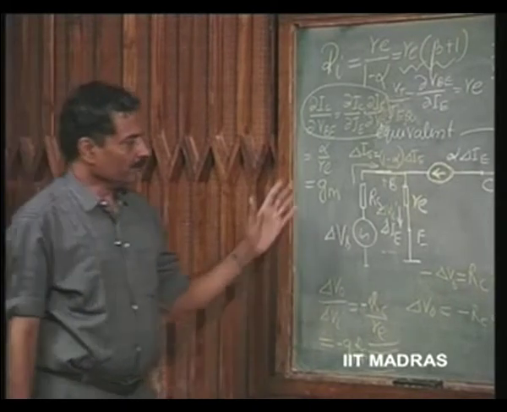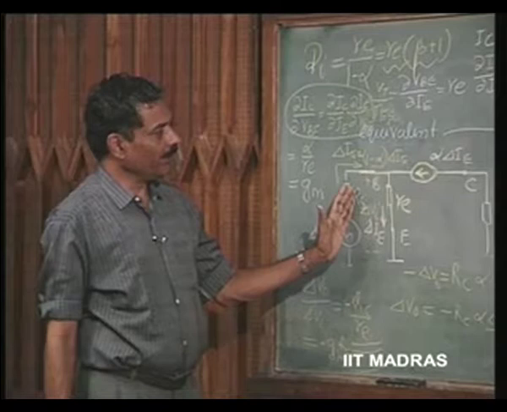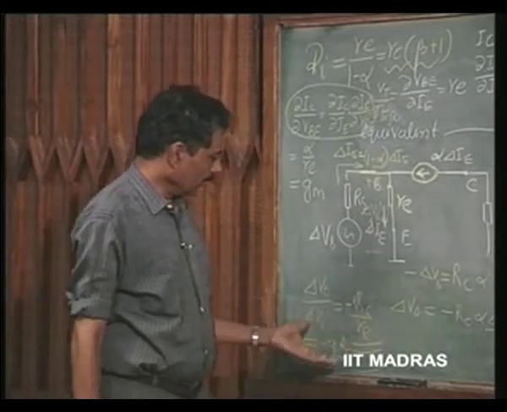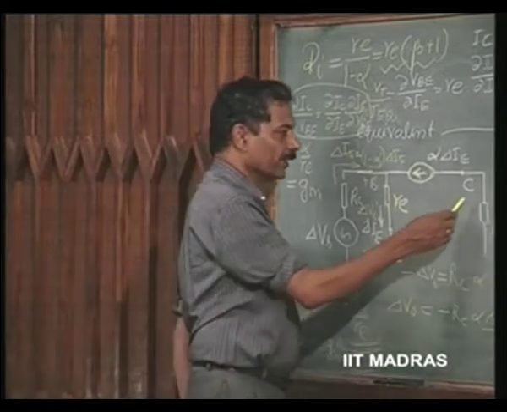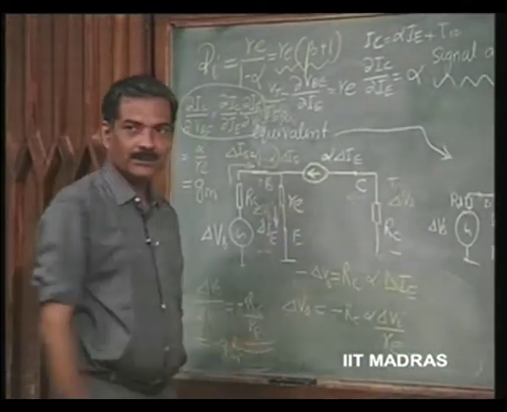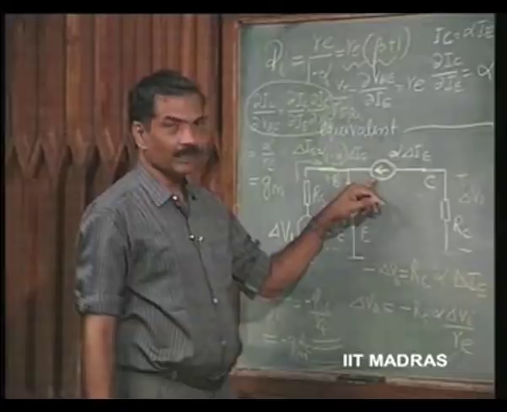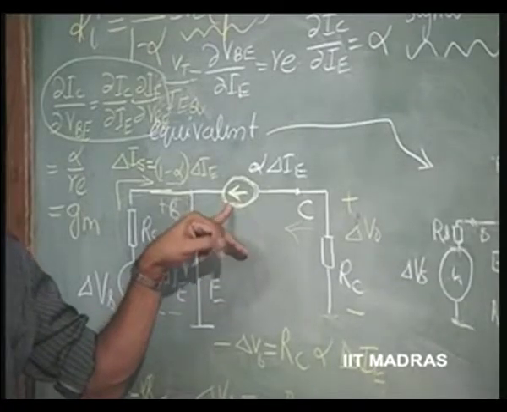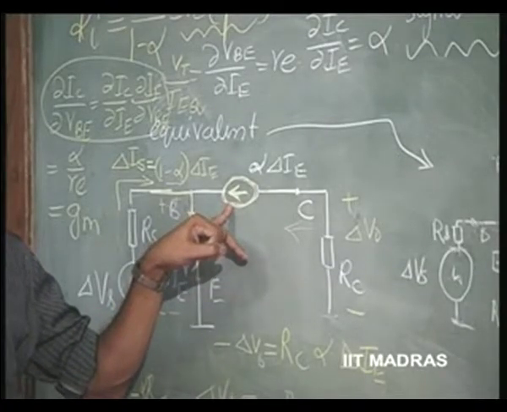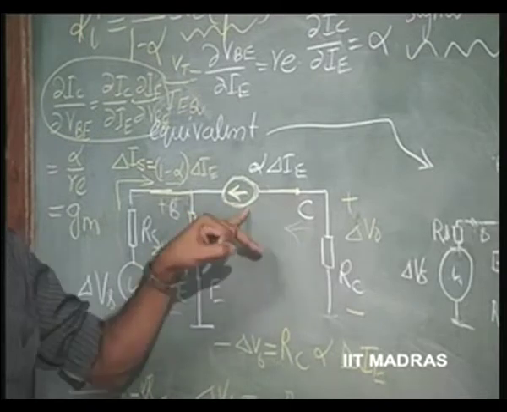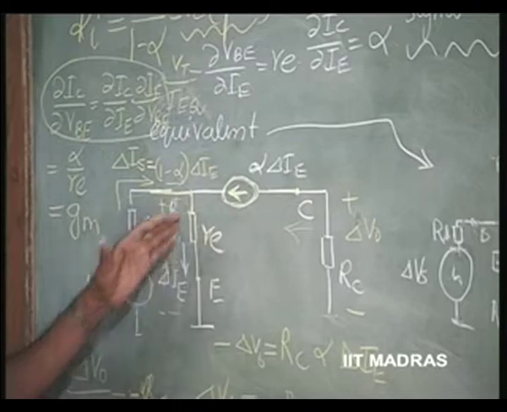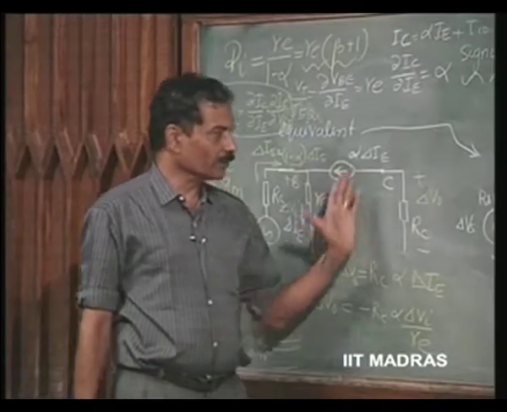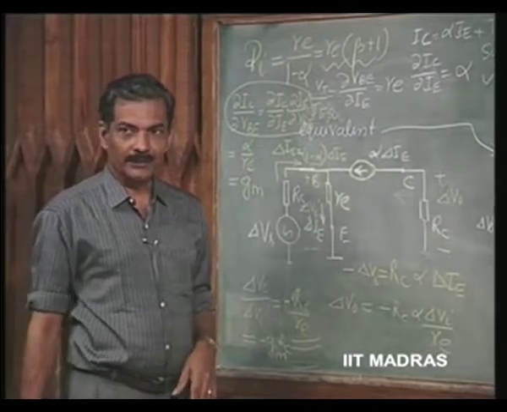So, we have now obtained the input impedance of the amplifier and the gain of the amplifier, output divided by input, and what is the output impedance? Seen from here, since there is a current source, output impedance is infinity in this case. If it is an ideal current source output, then obviously output impedance is infinity.